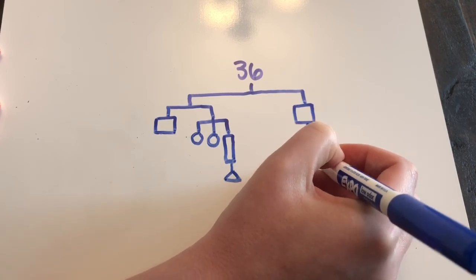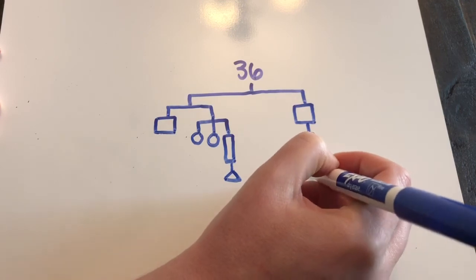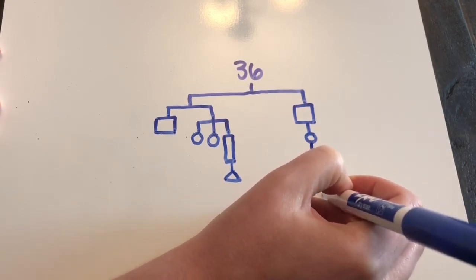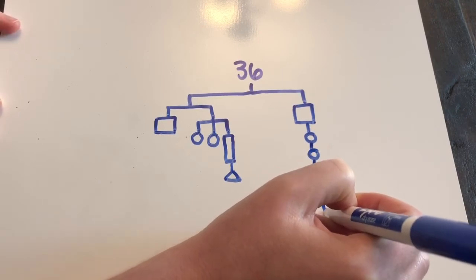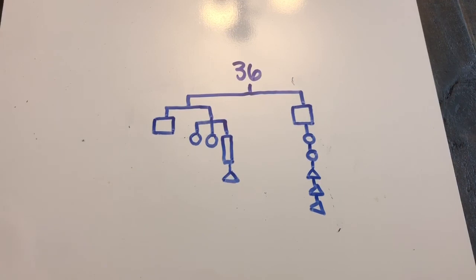Two circles. And 3 triangles. Oh my goodness. Yikes. I believe that I've created something that works. So there you go. There's an example of a math mobile.